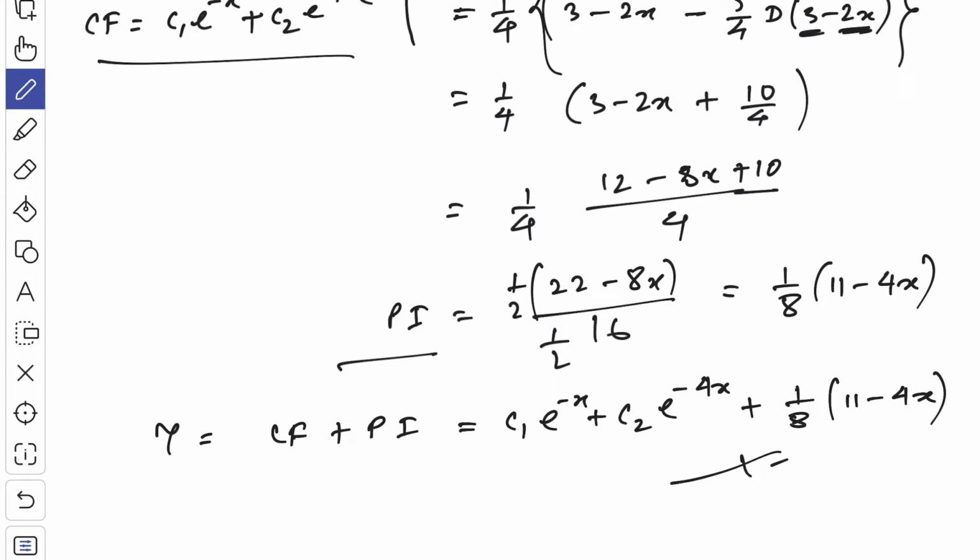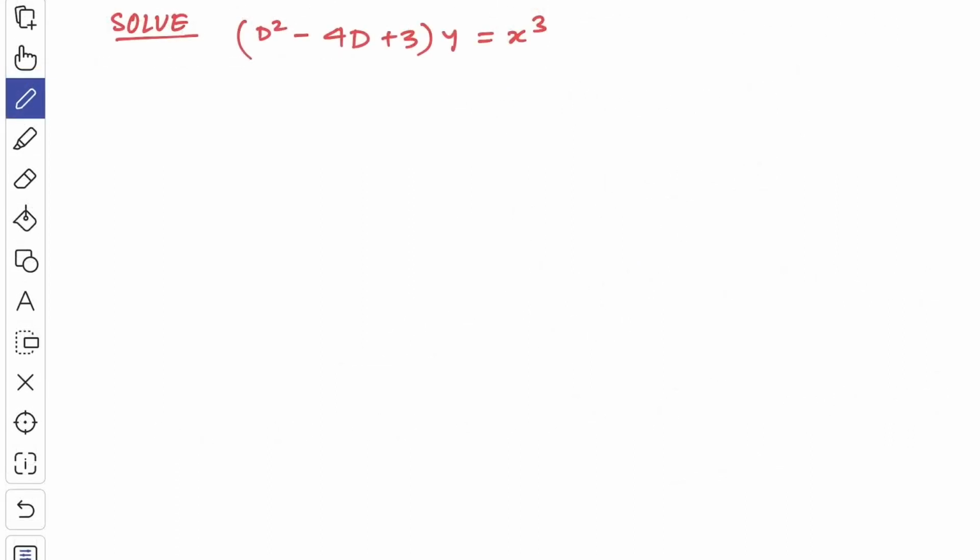Okay, so now let me give you another example. So let us solve this one. Here you see our f of D is D square minus 4D plus 3. This is our f of D here, and therefore the auxiliary equation is f of m is equal to 0.